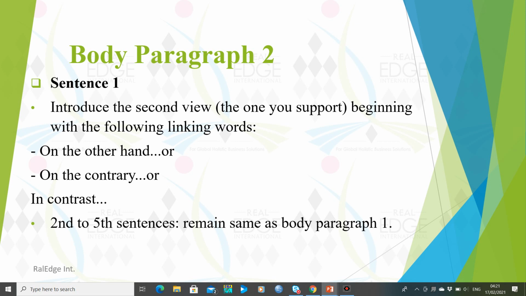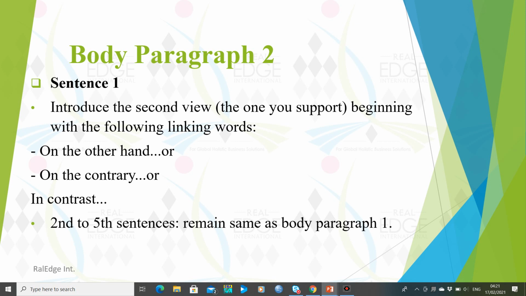We come to body paragraph 2. The first sentence, you introduce the second view. And the second view here is the one you support. Because in the first paragraph, we started with the view that you don't support or the view of other people.